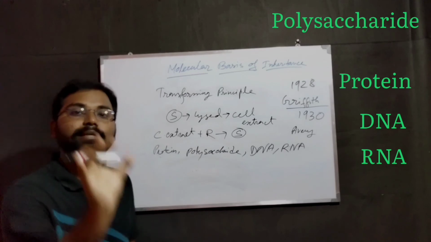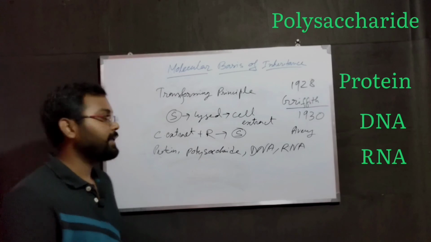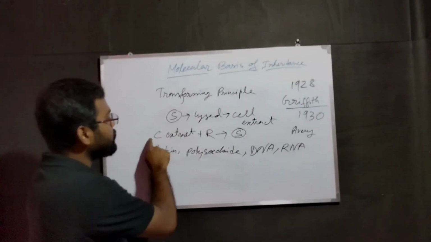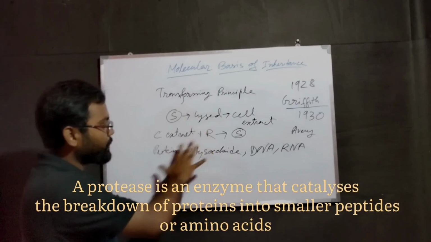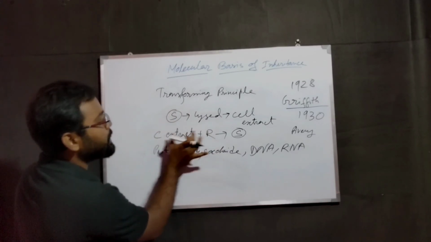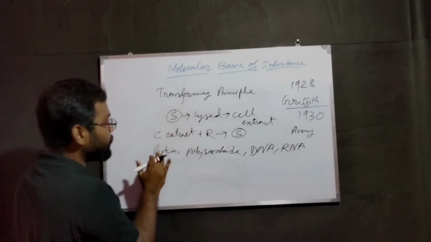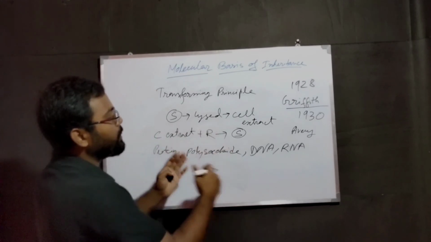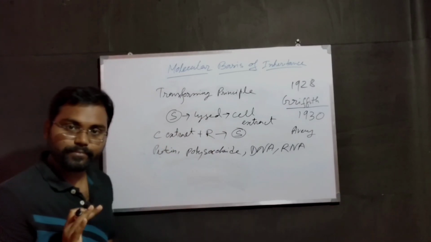They used enzymes that degrade only a particular macromolecule. Suppose they use protease on the cell extract. All the protein of this cell extract will be degraded, and if this is mixed with R, and if the transforming principle was protein, it cannot change R into S as it is degraded by protease. Simple.